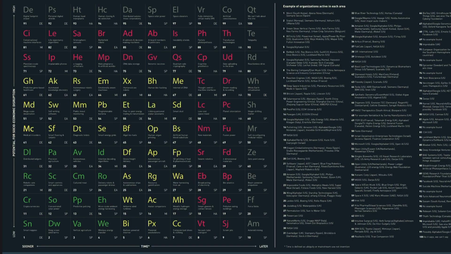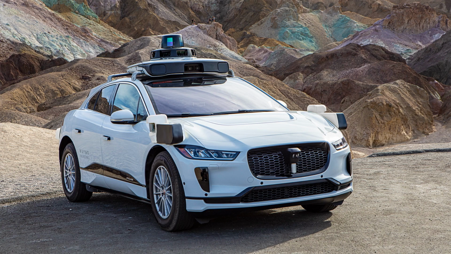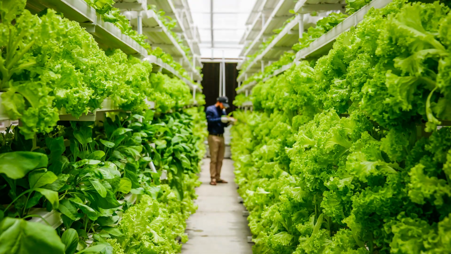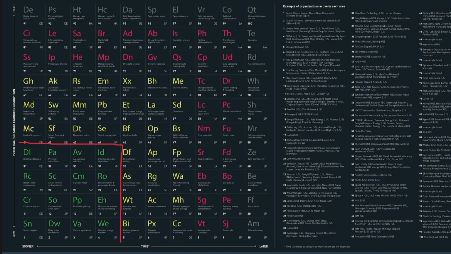What I like about this table is that they have color-coded the technologies. So what does that mean? Each color represents time. Green technologies are happening right now. So they include things like autonomous cars, vertical farming, delivery robots. Next out, you have yellow.